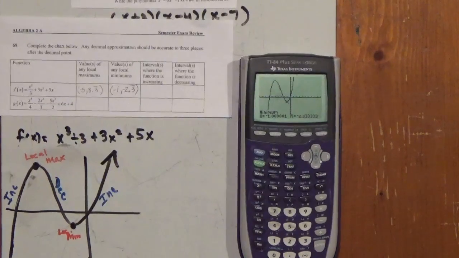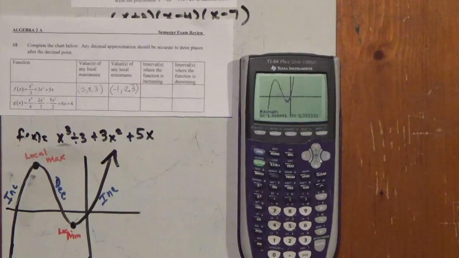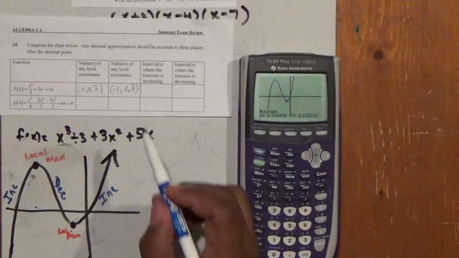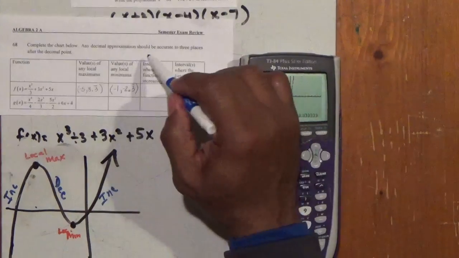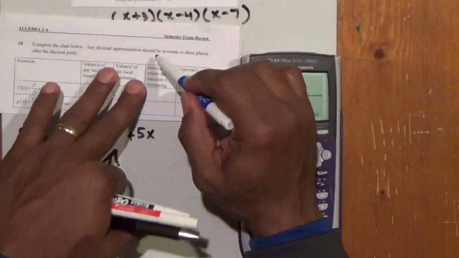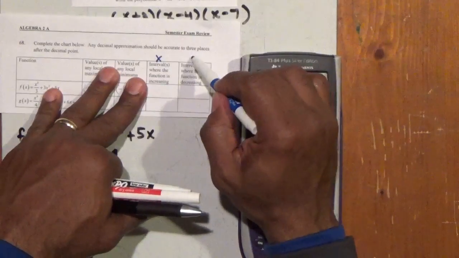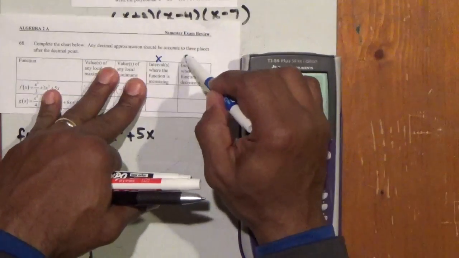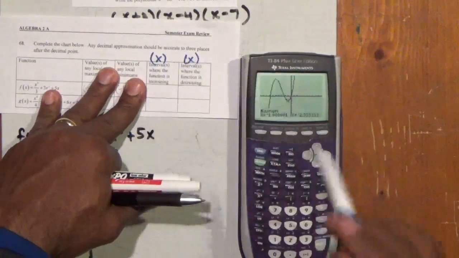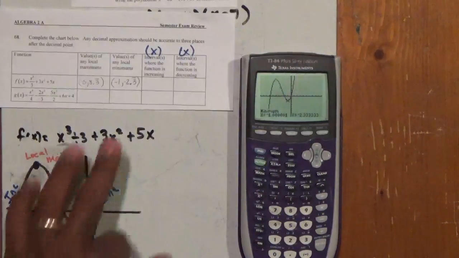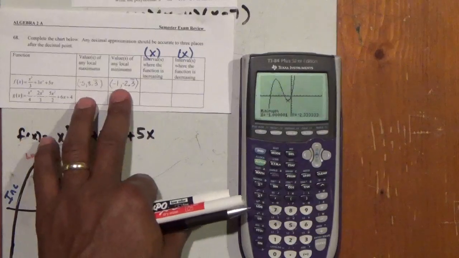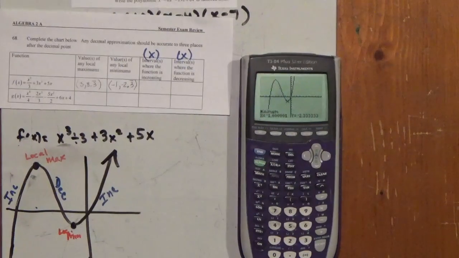So we have 2 increasing intervals. I suggest you just put an X wherever it says increasing, decreasing, so you know that you're going to use the x component of your ordered pair.